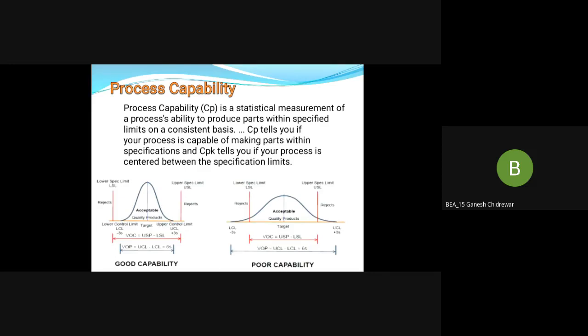Process capability observes the capacity of the machinery and the industry, and according to that capacity compares the production. According to your requirement, they will give you the product. This is the basic importance of process capability.